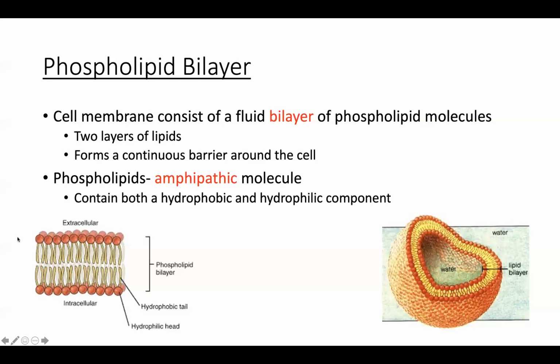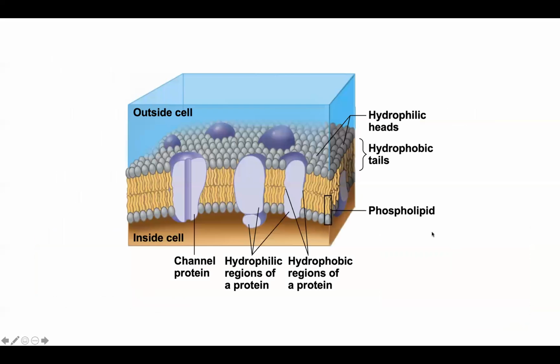And if you think about it in a 2D or 3D structure, this phospholipid bilayer will continue in this circular pattern, which we can see here, where all of our hydrophilic heads are going to be facing outward and interacting with the external environment, which is water, an aqueous environment. And then the inside of the cell also is an aqueous environment, so we're going to have these hydrophilic heads, right? And then we have our hydrophobic tails buried on the inside, okay?